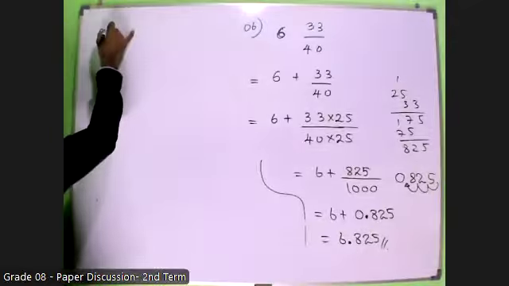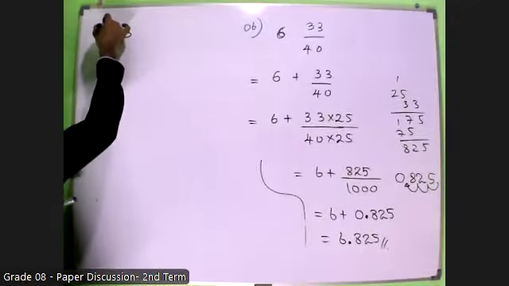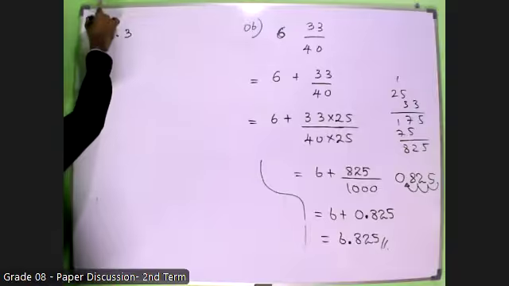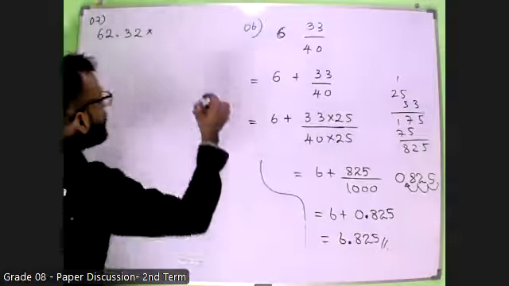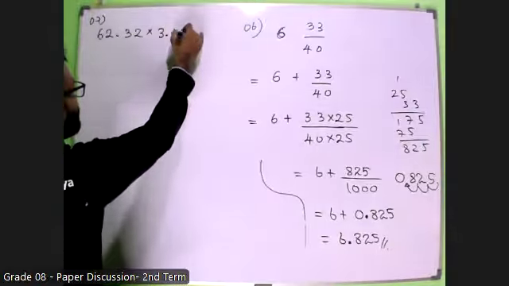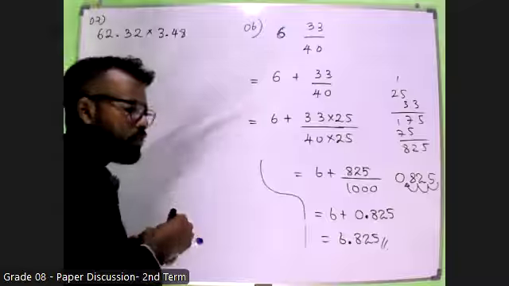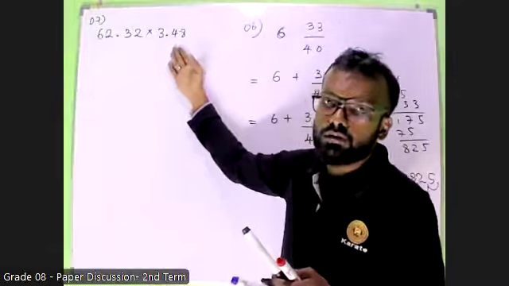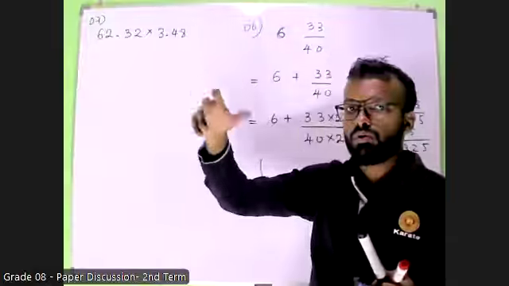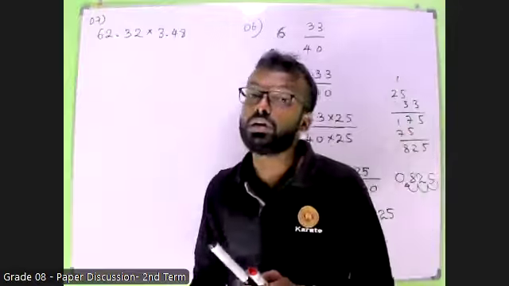62.32 into 3.48. If you have two decimal numbers like these, what you have to do, you can remember, I have taught it to you in the class.